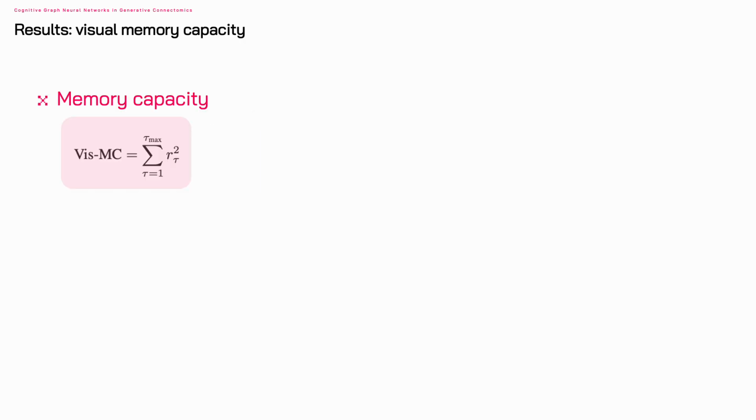Then we evaluate the visual memory capacity of the generated CBTs by DGN and VIS-COGGNN. We use VIS-MC, which quantifies how well the system retains and reconstructs visual inputs over time by summing the squared correlations between the delayed inputs and the predicted outputs across multiple time lags.